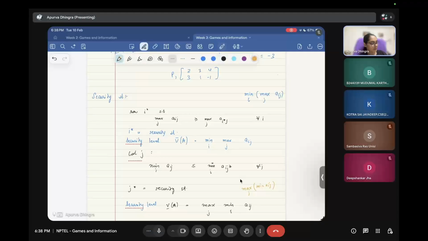So it's, in other words, like saying the argmin of this is I star, which is what this equation is also saying. So this object is called the security level for player 1. This is min max.